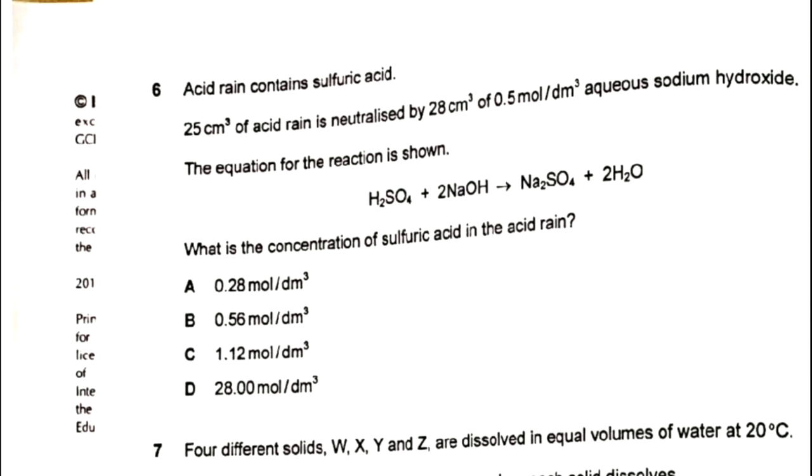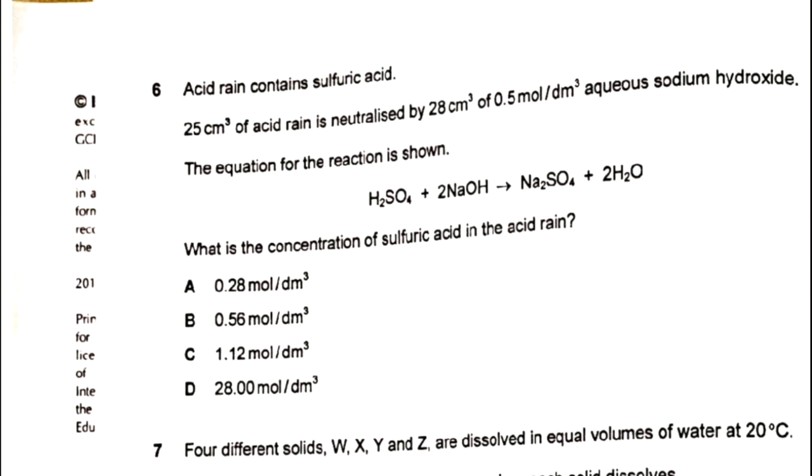Okay, acid rain comes from sulfuric acid. So what is the concentration of sulfuric acid in the acid rain? Now this question is a mole concept question. To find the concentration of sulfuric acid in the acid rain, we must find out how many moles of sulfuric acid are there.